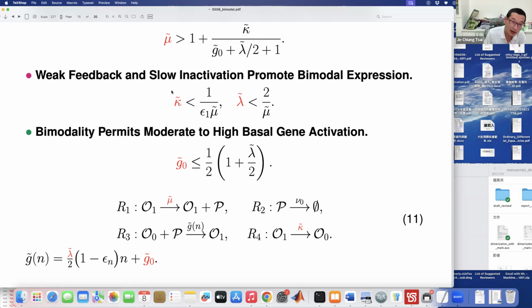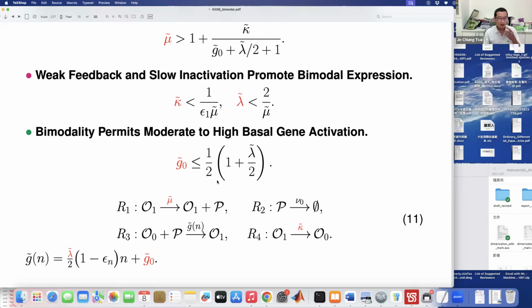So we have two numbers. This one is involved in the transition from the on state to the off state. This lambda delta is involved in the reaction from the off state to the on state. So these two numbers should be small to have bimodality.